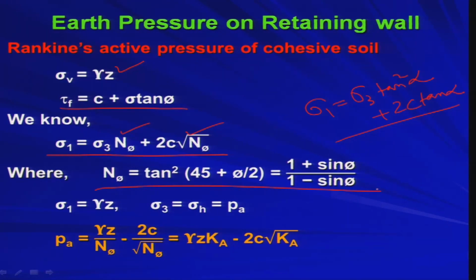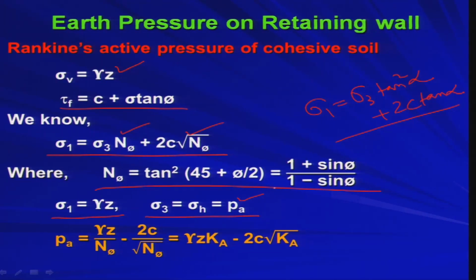Now, when we are talking about the active state, what is the major principal stress, sigma 1? That is nothing but the vertical stress, which is gamma z. What is the minor principal stress? That is sigma 3, which is nothing but the horizontal, the lateral pressure, and that is your active earth pressure, Pa.